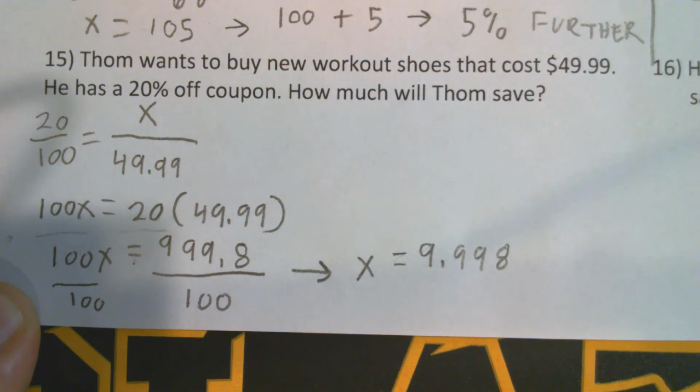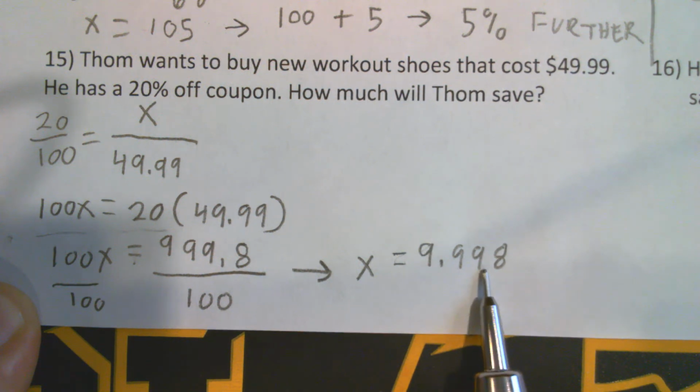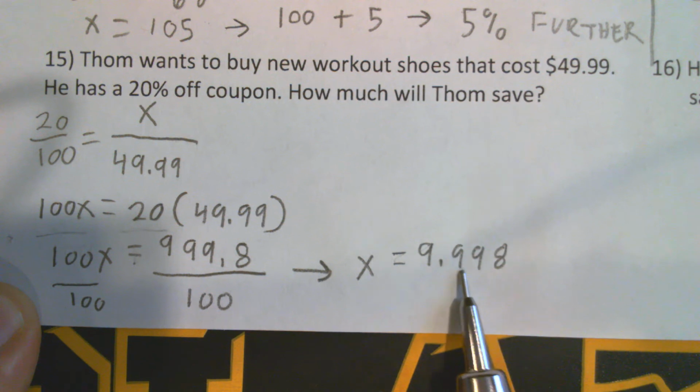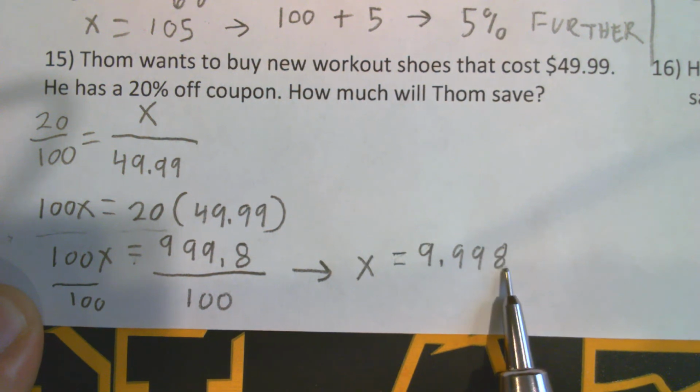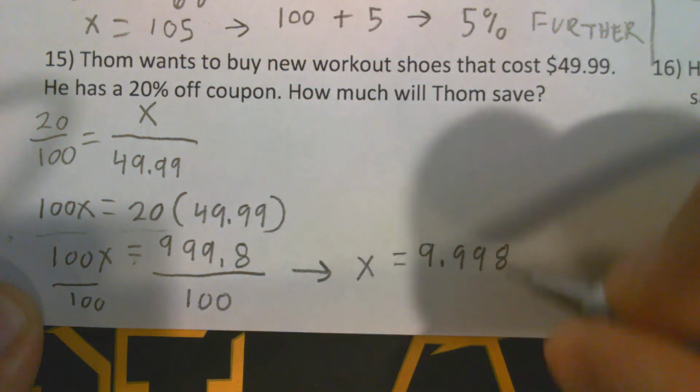Since we're talking about money here, we want to round this to one decimal place. Or I'm sorry, the second decimal place. So we're rounding the second 9. We go to the number to the right to tell us how to round. Since the number to the right is 5 or larger, we're going to round up.